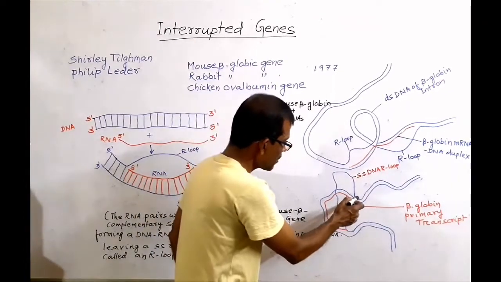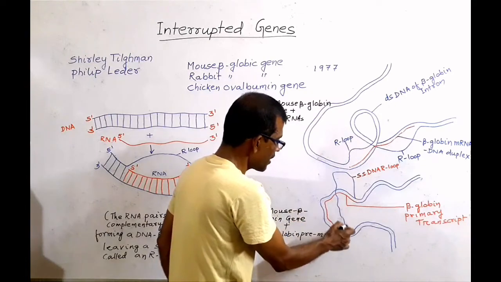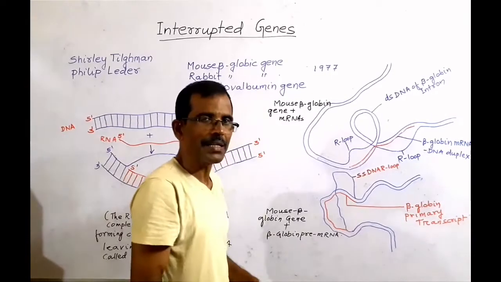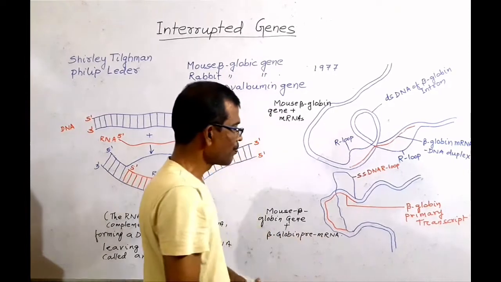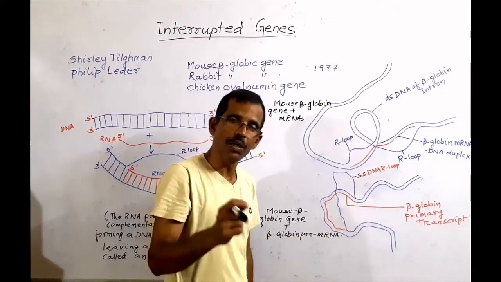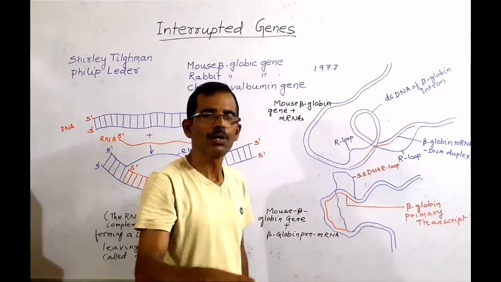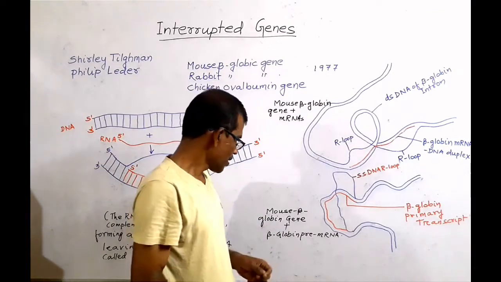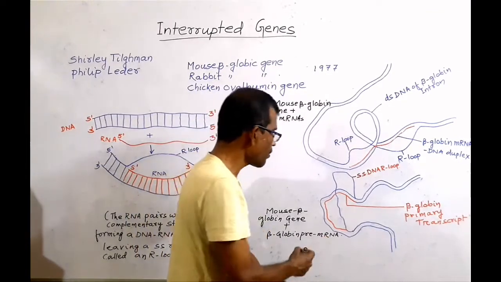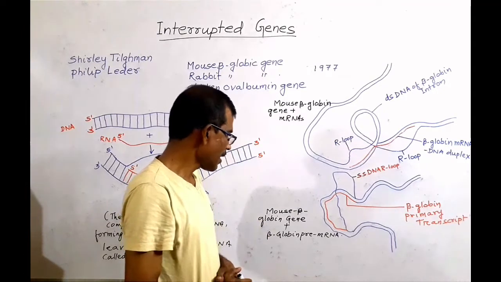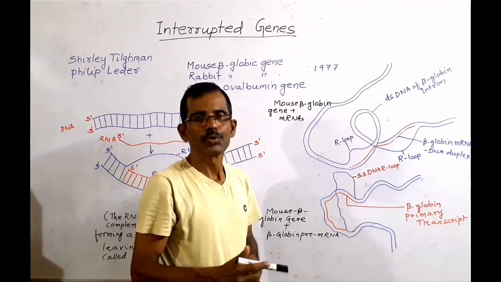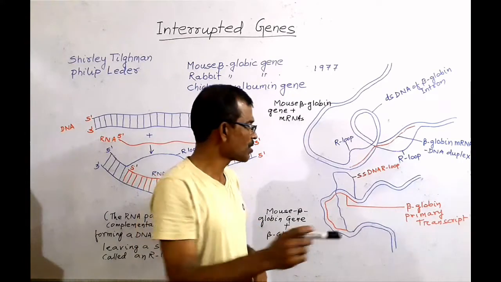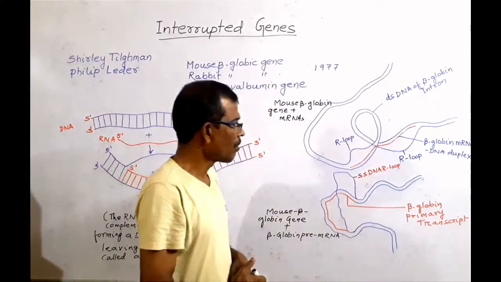The formation of this loop indicated that the beta-globin pre-mRNA contains both coding sequence and non-coding sequence. Because of this, only one loop of single-stranded DNA was found.